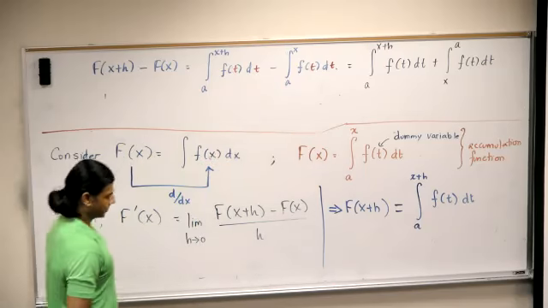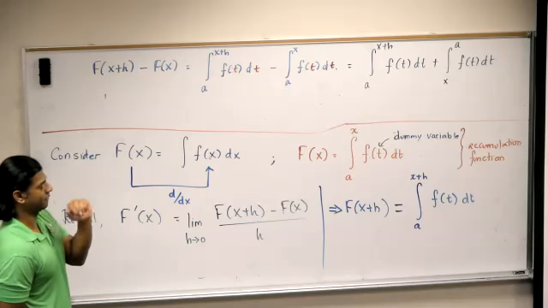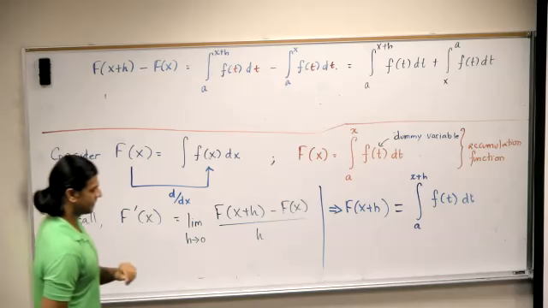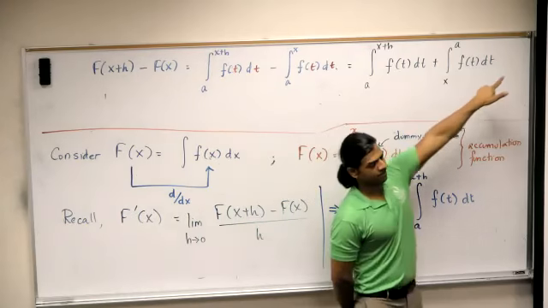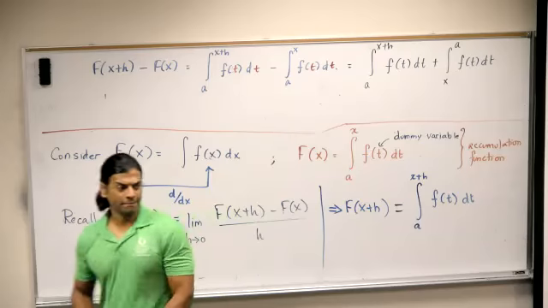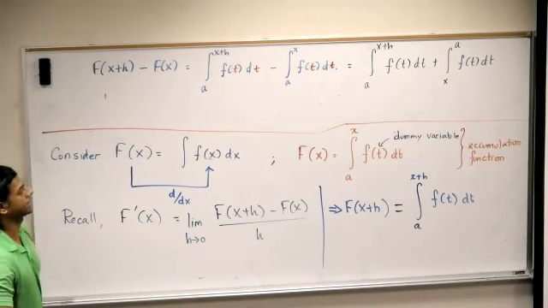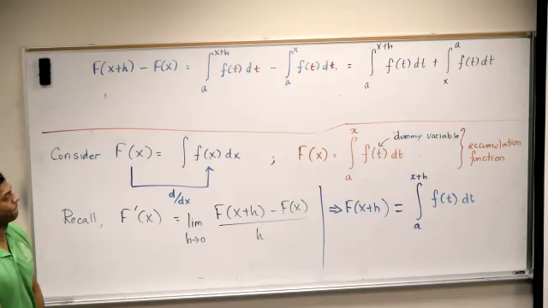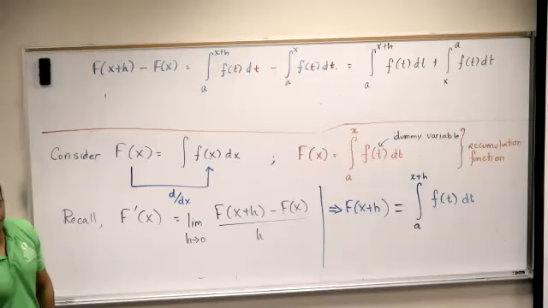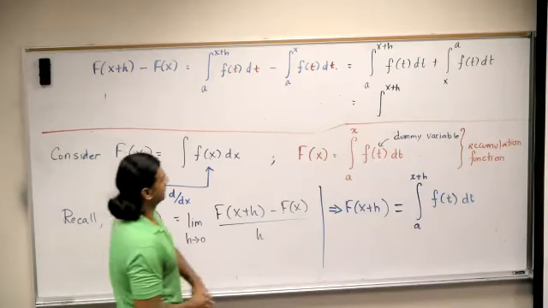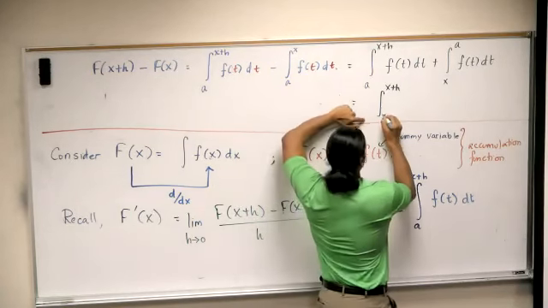Good. Now, the second property, if I use that, how can I rewrite this? A is definitely between x and x plus h.